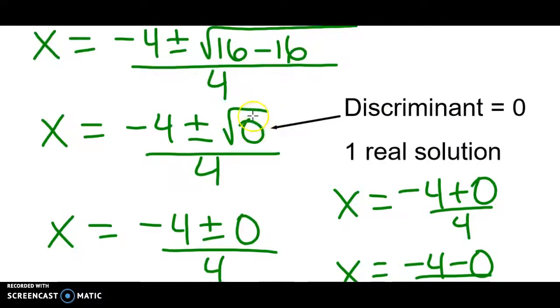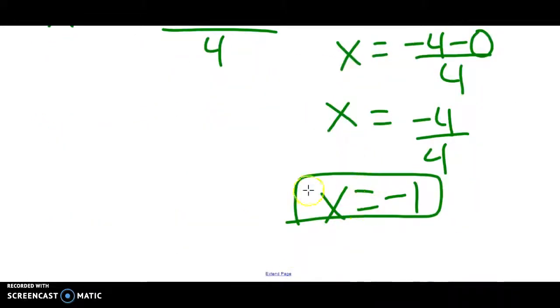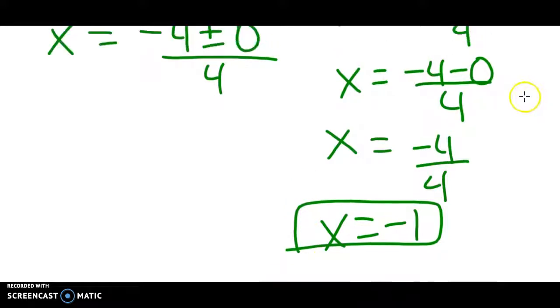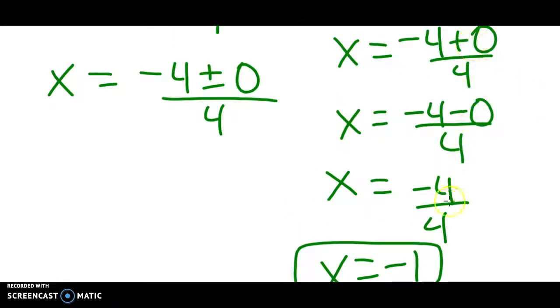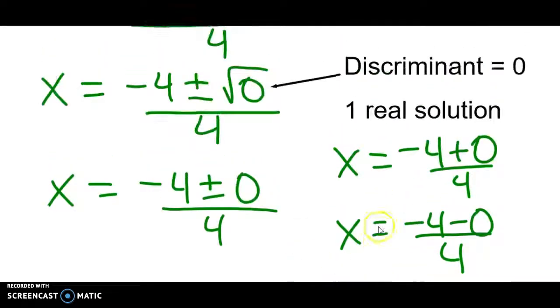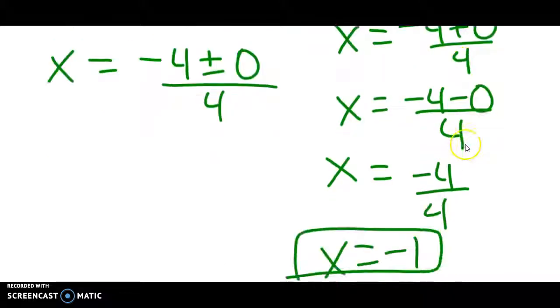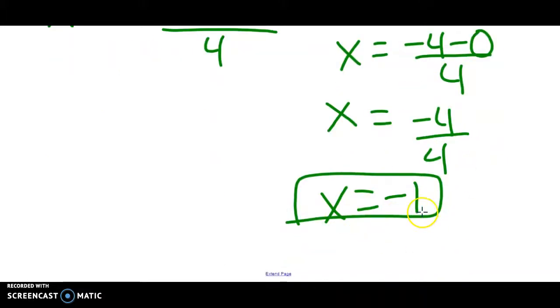So in this example, we see that when we have a discriminant, or that value under that radical, that's equal to 0, we only got one x value because these two equations gave us the same value, negative 4 plus 0 and negative 4 minus 0 both give us negative 4. And so we only get one real solution, which is x equals negative 1.